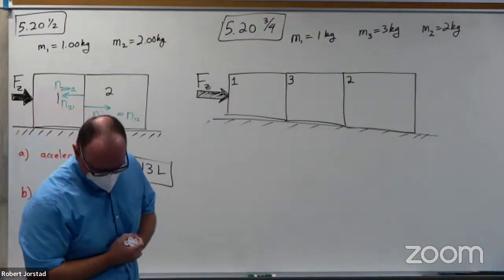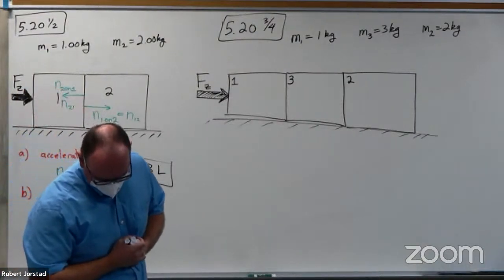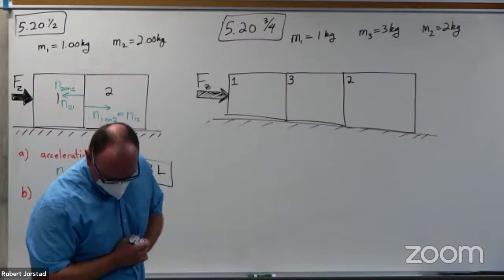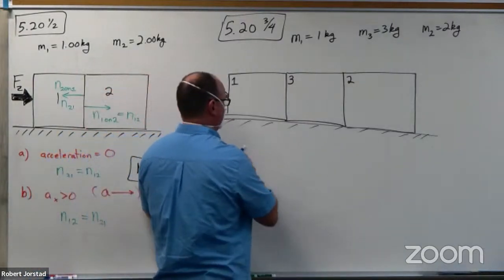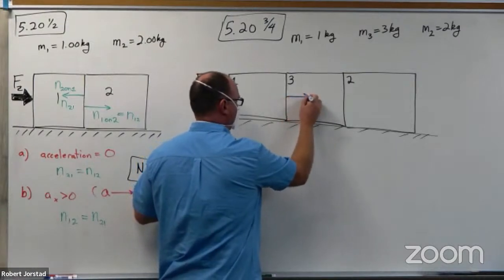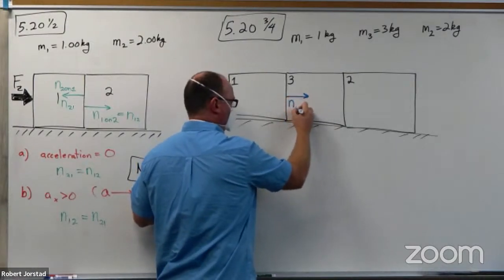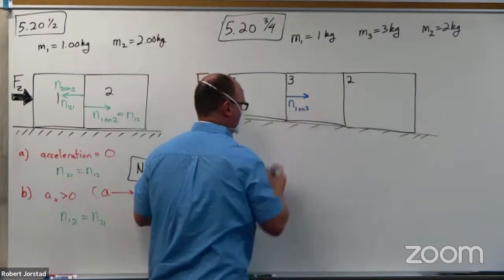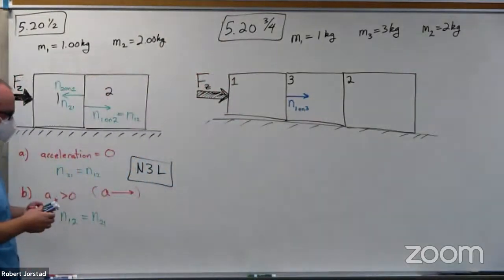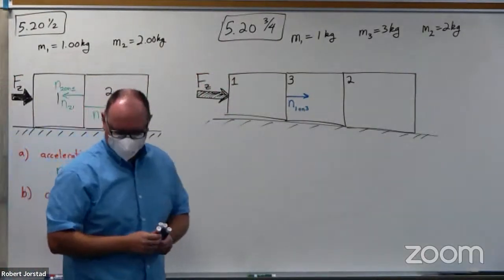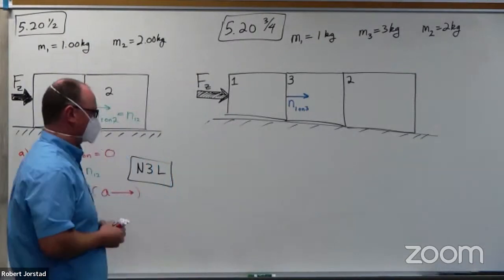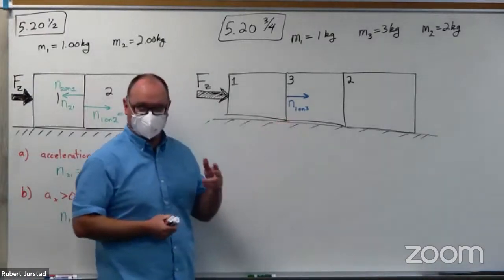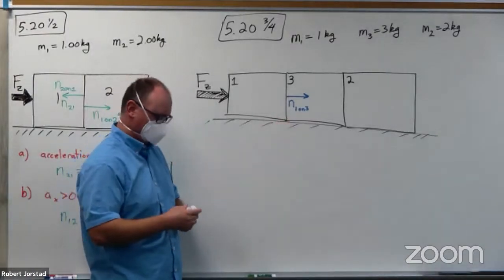Now in this case, it says block 1 exerts a normal force on block 3. There's a normal force of 1 on 3. Block 2 exerts a normal force on 3 as well. Which way does block 2 exert a normal force?